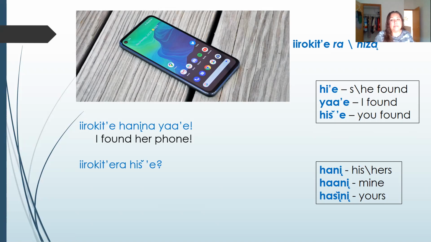All right, can you figure this one out? Again, is it ra or hija? And then the verb hish'e. Who did the finding? Did you find the phone? This could also be a statement. Irokiteira hish'e. You found the phone.